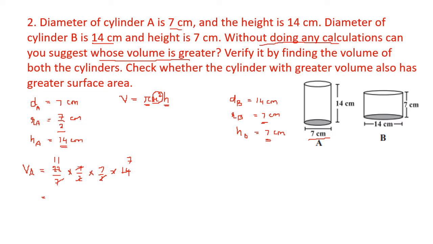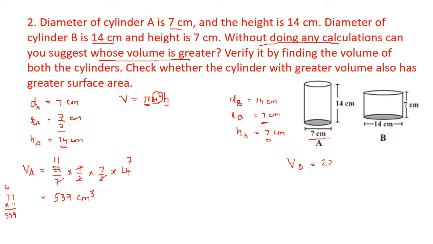So we have got 11 into 7, 77 and 77 into 7 will give us 7 sevens are 49, 539. So here we get 539 centimeter cube.